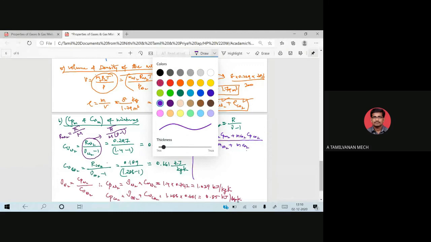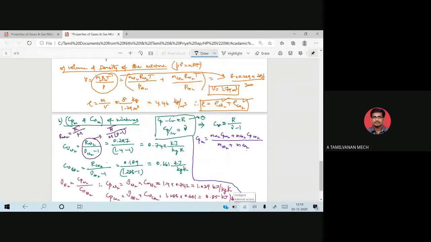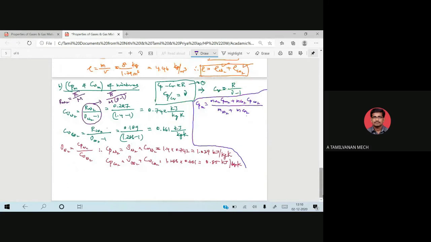So you find the Cp and Cv values. Then substituting the appropriate values of m of N2, Cp of N2, m of CO2, finally you get the Cp of mixture is equal to 0.92 kilojoule per kilogram Kelvin.